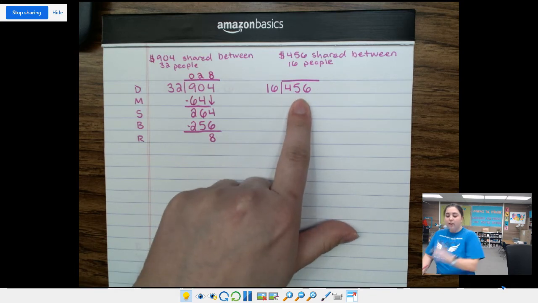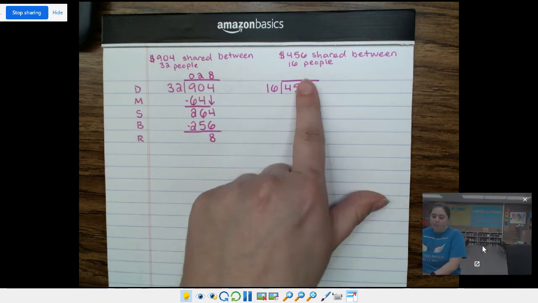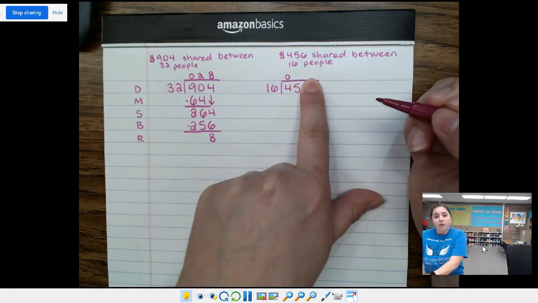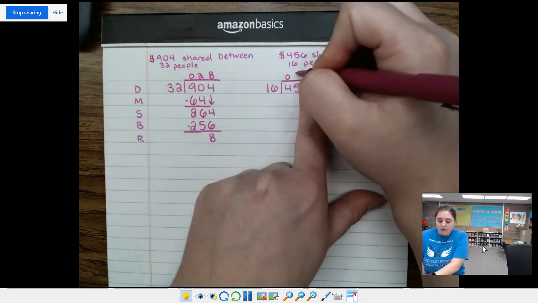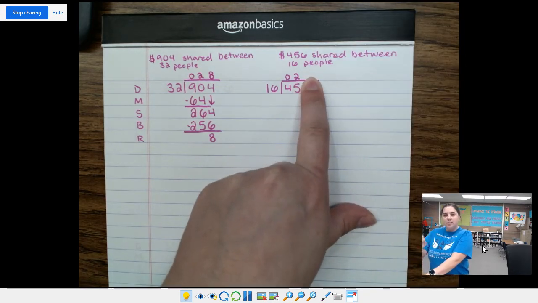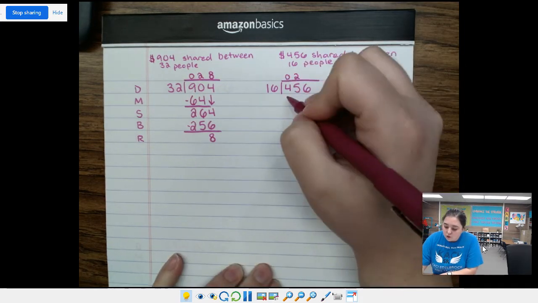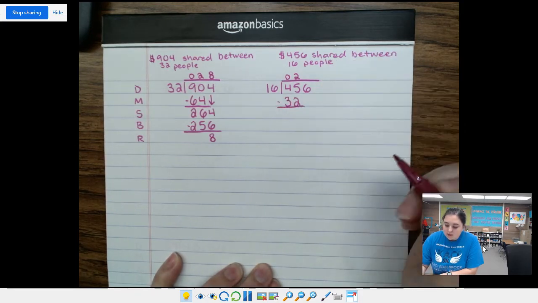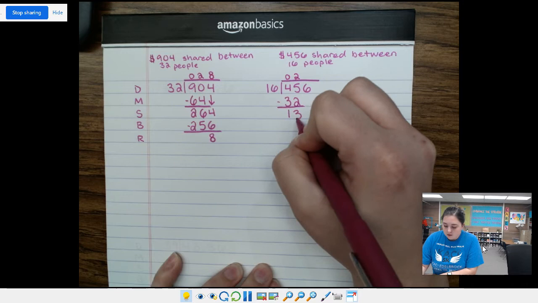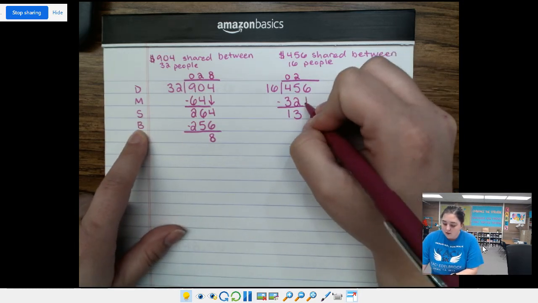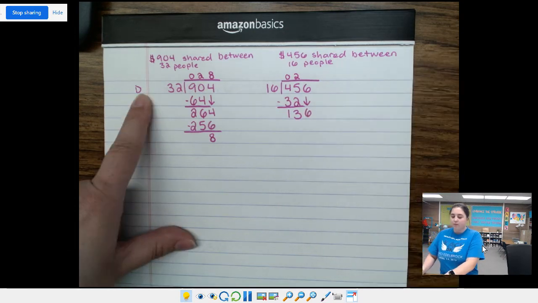For this problem over here, again, I'm going to speed solve. 16 can't go into 4, but it can go into 45. In fact, it can go into it twice. I already counted it out. It'd be 16, 32. So when I subtracted, I got 13. So bring down the next number and repeat.